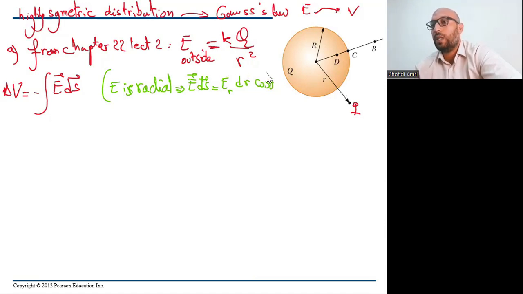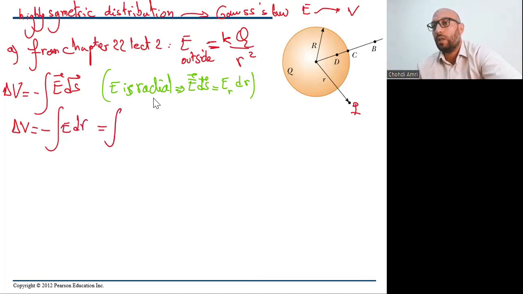And since the electric field is radial, so cosine theta is 1. We will cancel this cosine theta. So the electric potential in this case becomes what? The difference of the electric potential is minus the integral of E dr. So we can write it's kQ constant, minus kQ constant, the path integral of dr over r squared.